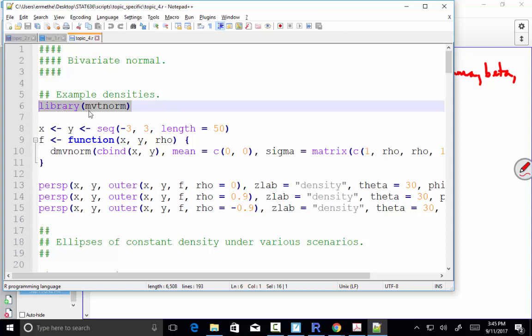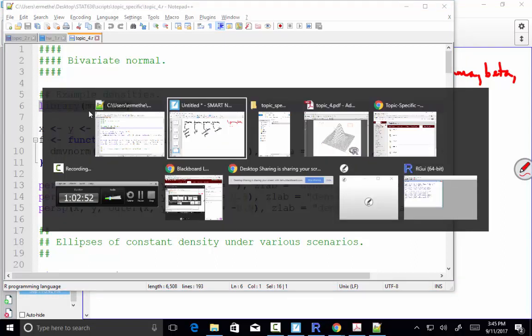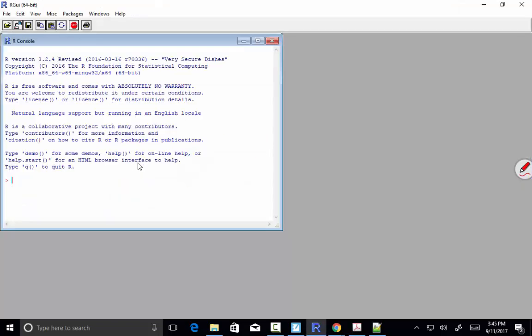One of the nice things about R, though, is that it's open source and kind of modular in design. So there are additional packages that are available for specialized operations. Like the mvtnorm package is not available to you in R by default.